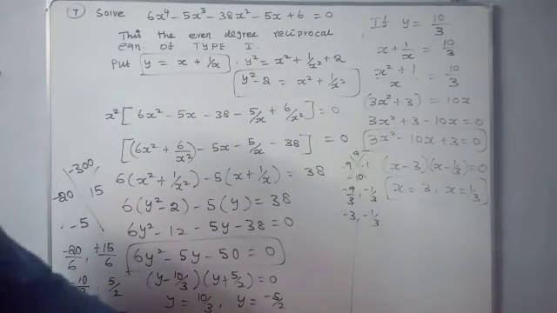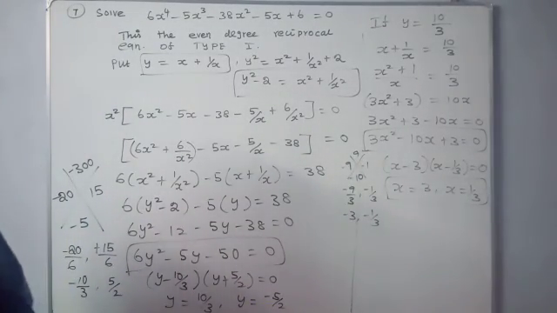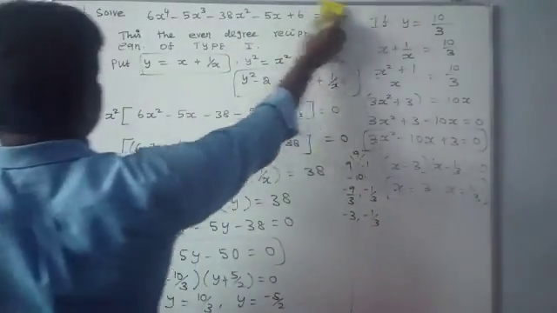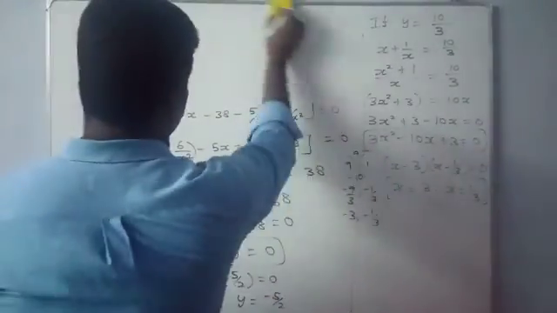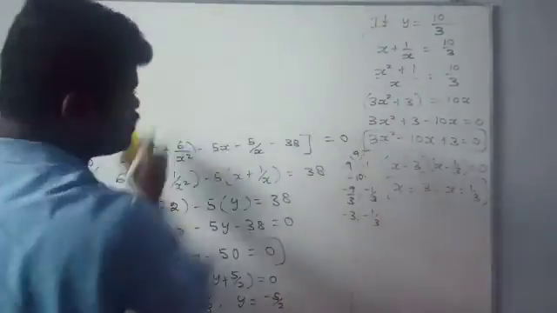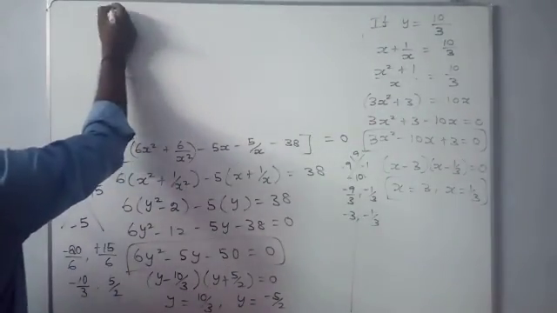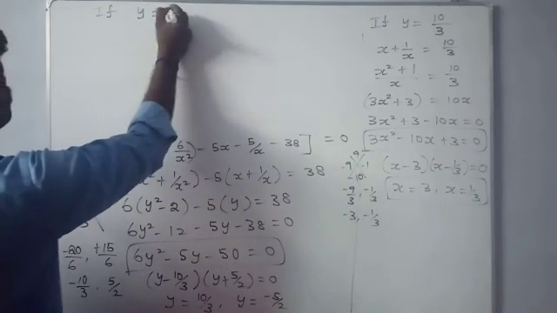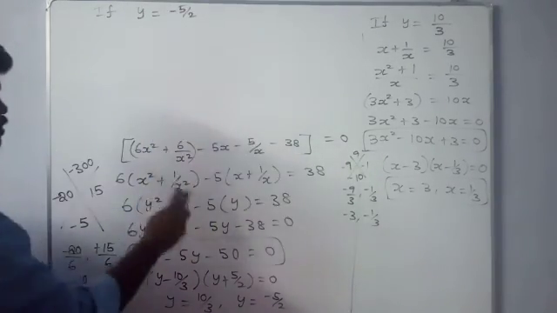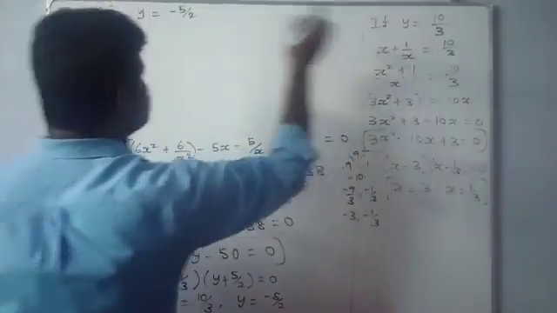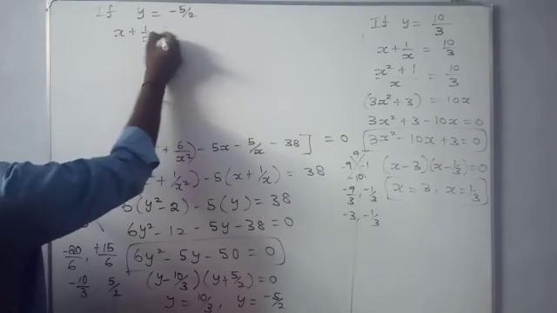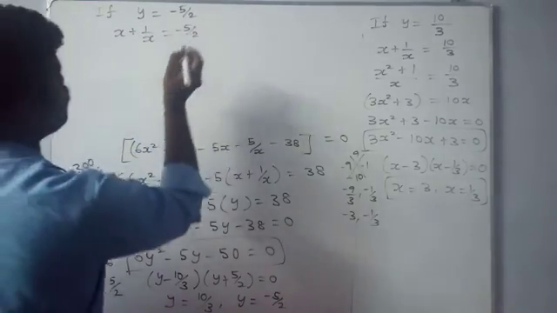And we want to find another value, y is equal to minus 5 by 2. If y is equal to minus 5 by 2, what is the value of y? x plus 1 by x. x plus 1 by x is equal to minus 5 by 2.